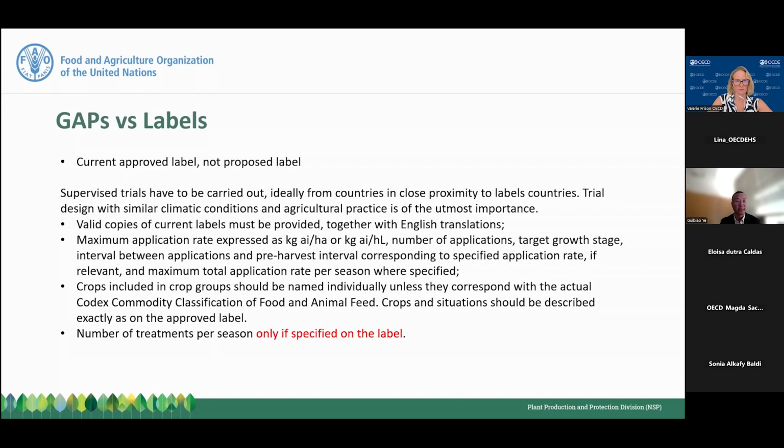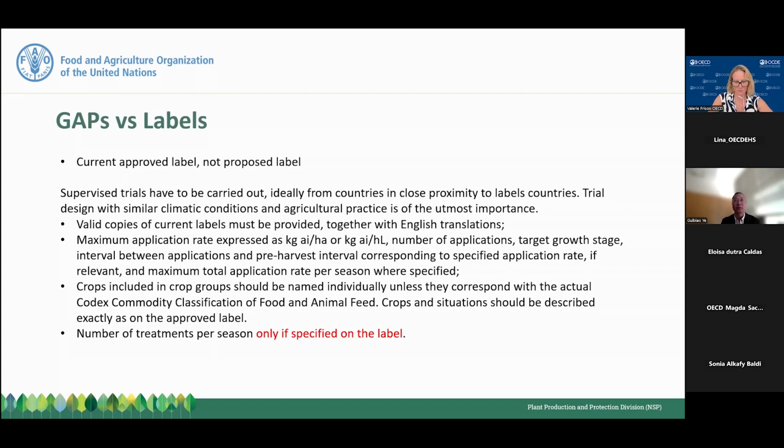Because during the process of evaluation, we face a lot of challenges from the label, either with only the original non-English label without an English translation, or a later or outdated version of the label.